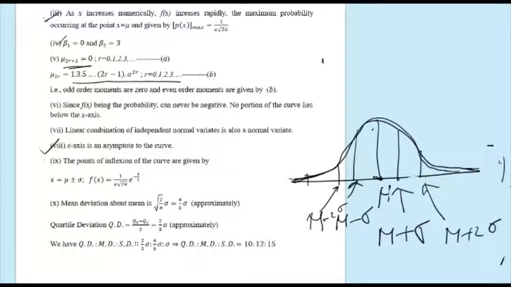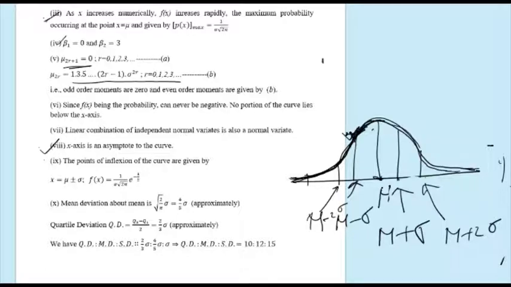3 sigma this way. The point of inflection means the normal curve increases from the left hand side and goes on increasing, reaches a peak point and then goes down. On the left hand side it is going upward, and at this point it starts leaning downwards.